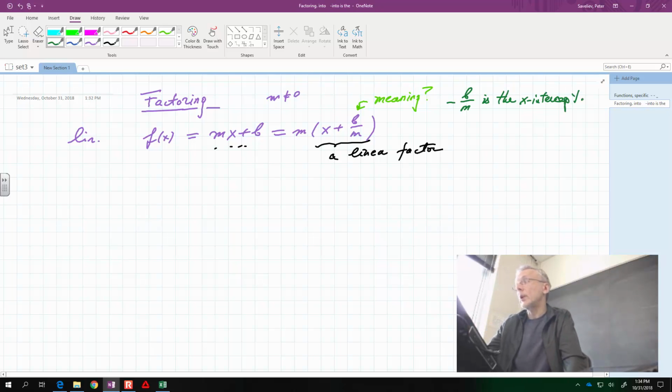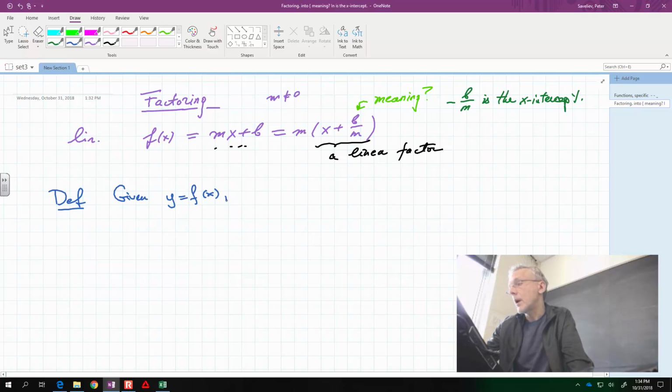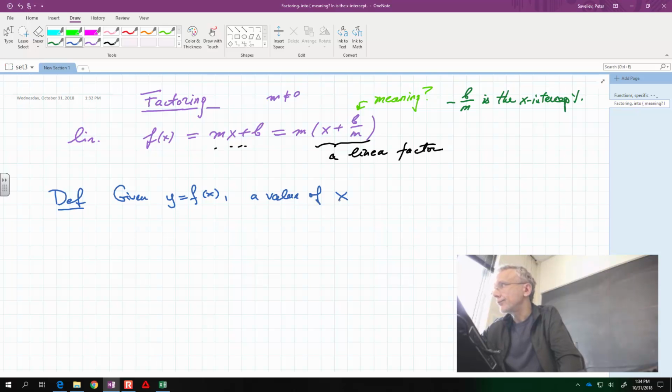Okay, so what is the meaning of x-intercept? Well, let me state this for the record. Given y equal f of x, a function, a value of x, let's call it c, is called its x-intercept.